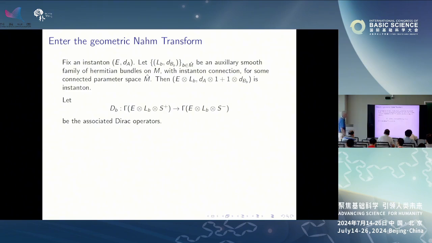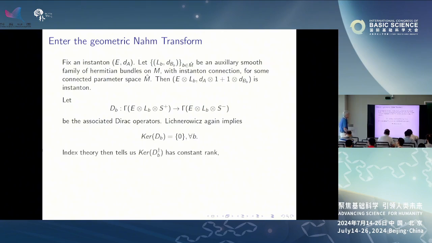So we then have, once again, a Dirac operator from the bundle tensor S plus to the bundle tensor S minus. Again, the Lichnerowicz formula tells you the kernel of the operator D_B is 0. But now, the index theorem tells you, as long as these operators are varying smoothly, so let's think of L for a minute as, on each component of M hat, having a fixed topological type, and really I'm just varying the connection.